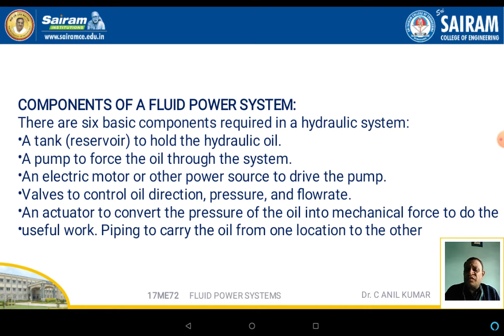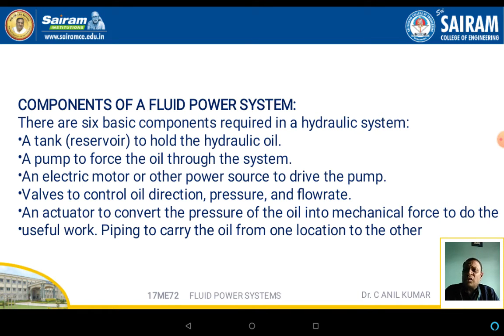The main components of fluid power systems are six basic components where the actuation can be done very easily. A tank or reservoir, where hydraulic oil or air can be stored. The pump to force the oil through the system; in some cases we use gases, as in pneumatics, and then we go for pneumatic pumps.